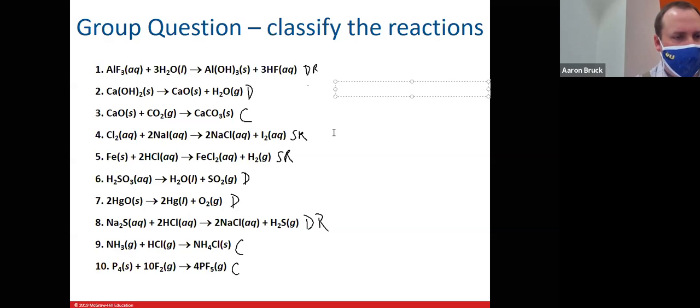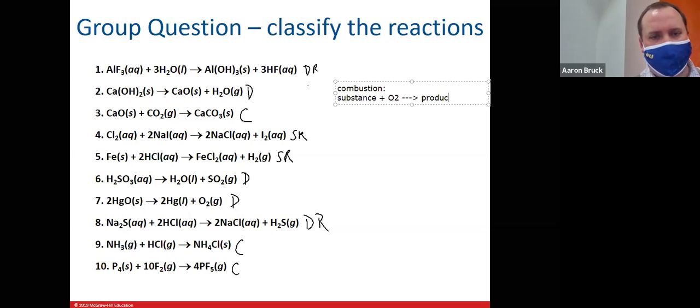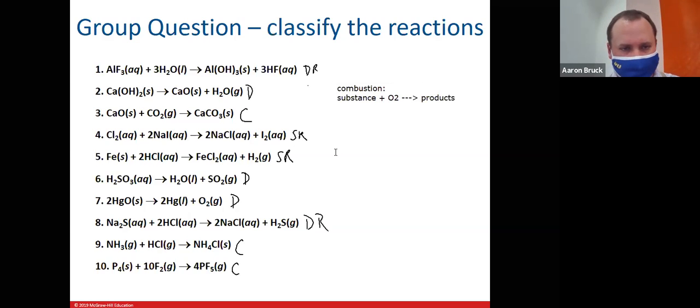So combustion is substance plus oxygen yields products. If you don't have that particular formula, it's not going to be a combustion reaction.